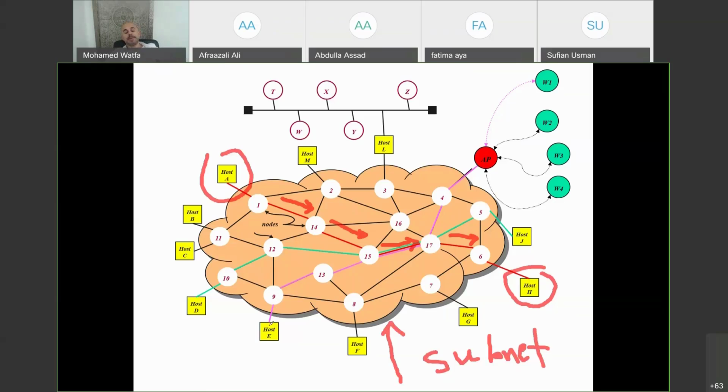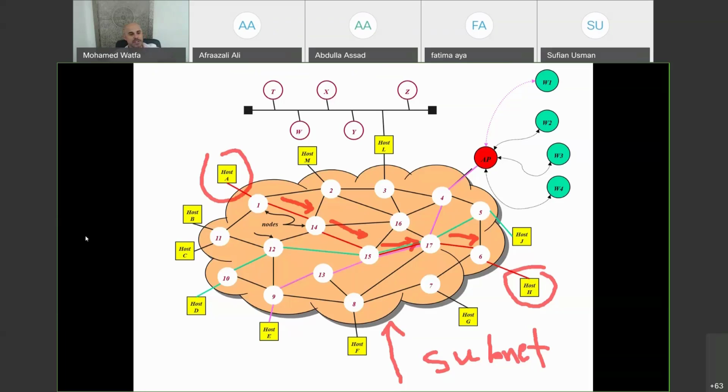So who could tell me how many links are from A to H within the subnet? Bonus point. How many links from A to H? 4. Why is it not 5 or 6?